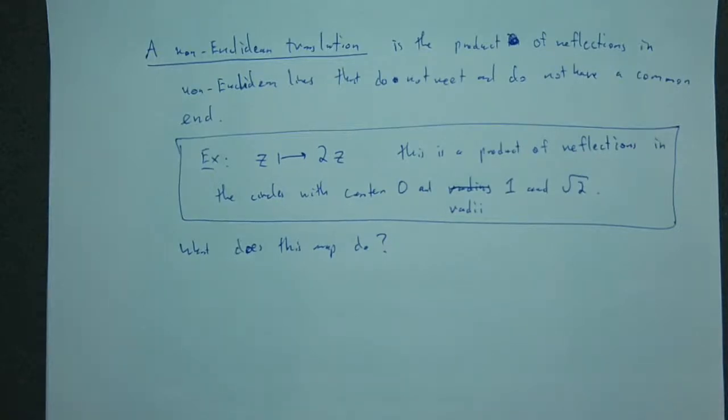Like if I asked you to figure out what some given transformation was, and I only gave you maybe some of the points, go back to chapter 3 and think about how many points you needed to determine what an isometry was exactly. But one of the things that characterized an isometry, or a reflection specifically, was that a reflection fixed a line, and that line that it fixed was the line of reflection.